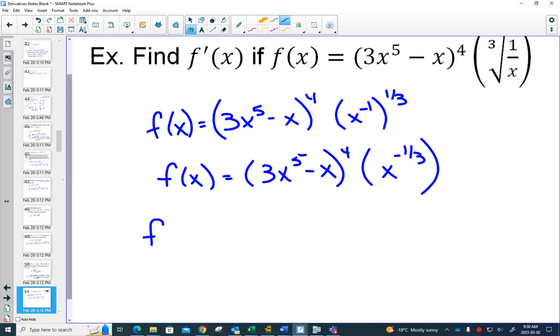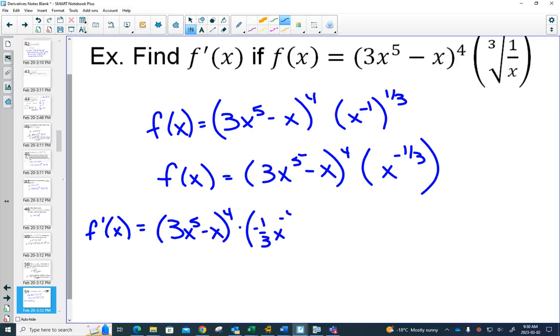So how did we do? F prime of x equals, keep one the same. Multiply by the derivative of the second one. Derivative of the second one, bring the negative 1/3 out in front, subtract 1 from the exponent, plus, keep the second one the same.